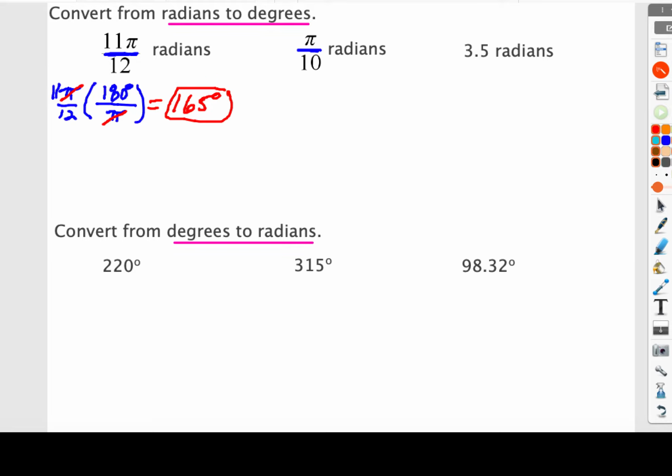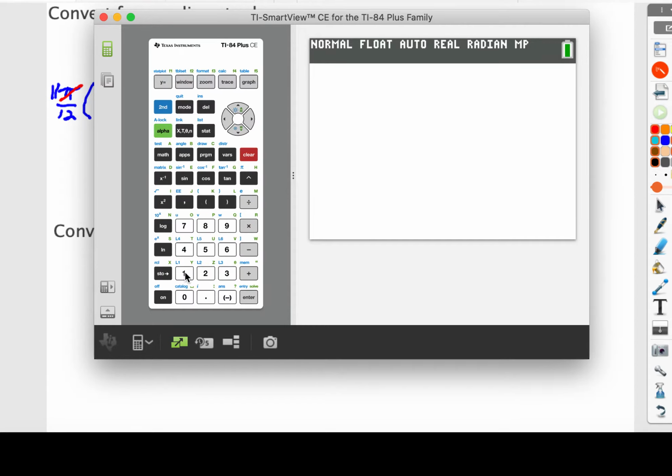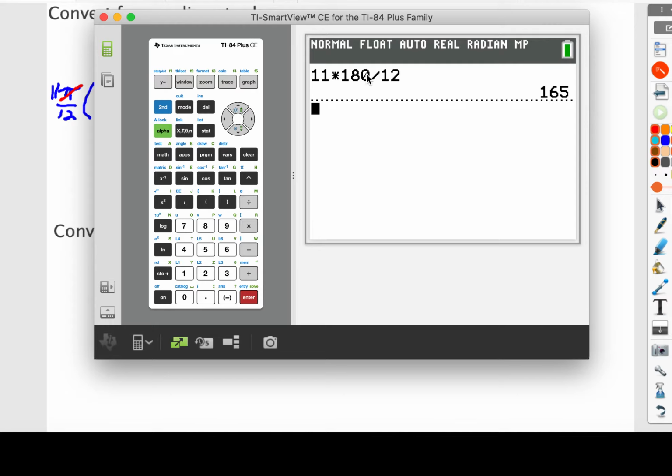If we can't do that measurement in our head, that's perfectly okay. Don't be afraid to hop onto your calculator, and we can just say 11 times 180 divided by 12. The nice part was 12 went into 180 a perfect 15 times, so that's what made that nice measurement happen.